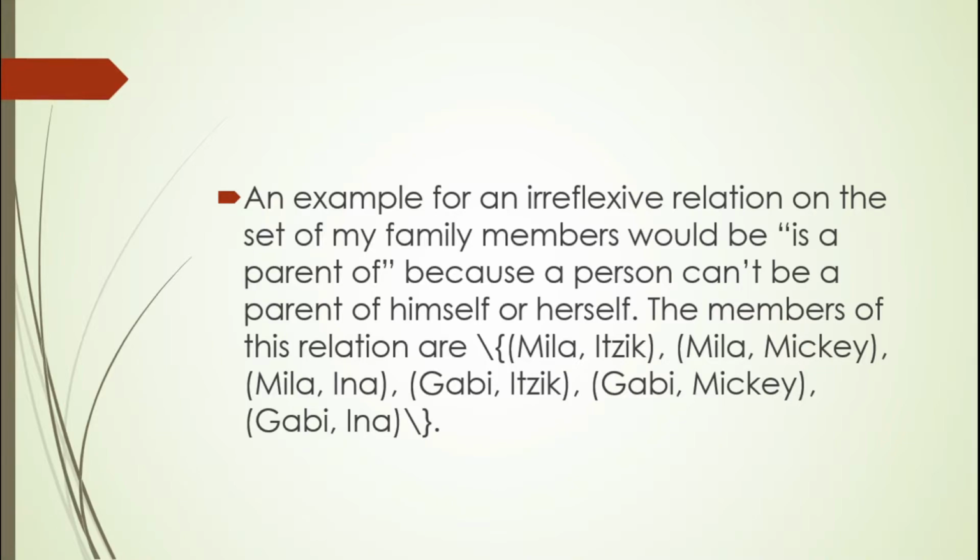As we can see, this relation cannot be reflexive because the two elements cannot be equal to one another. Because, as said earlier, a parent cannot be the person himself.